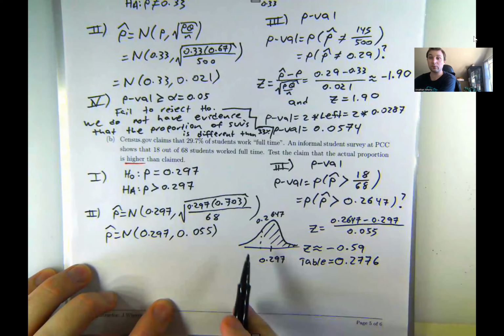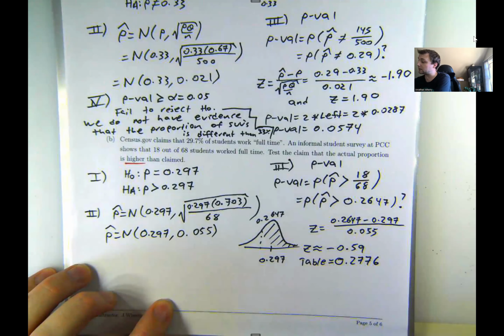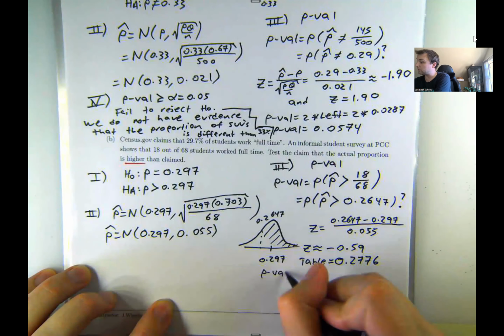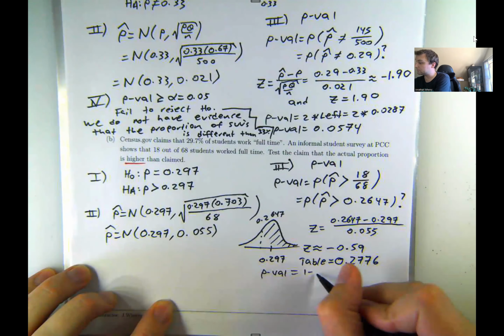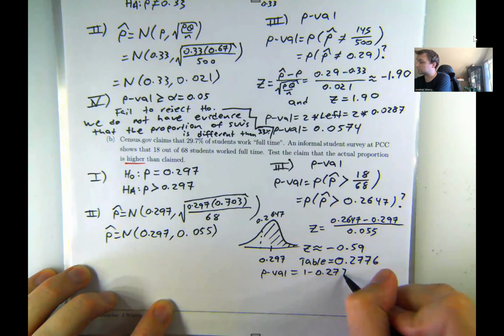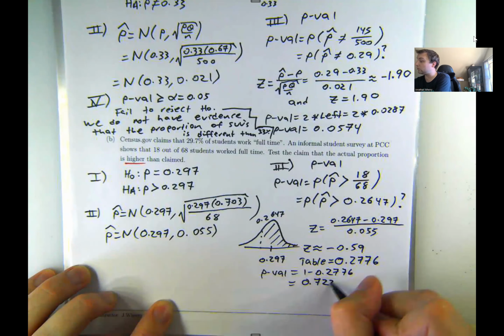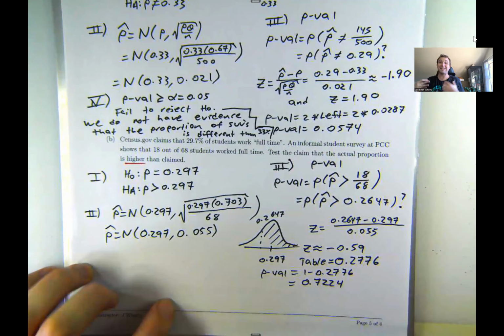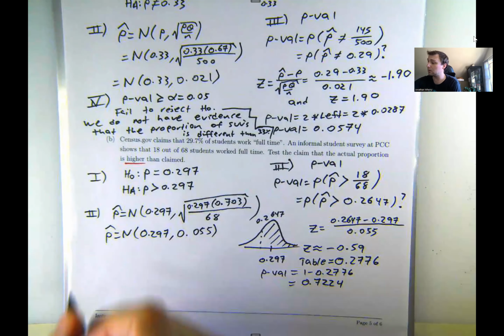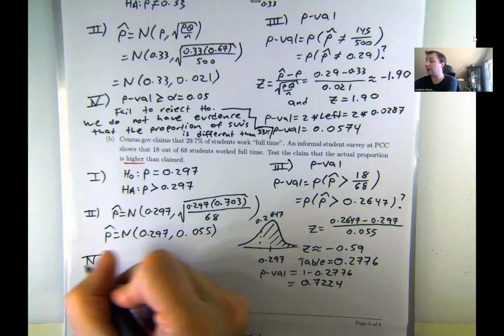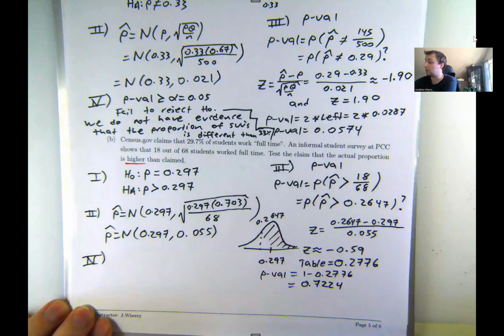Since this is shaded to the right, I would want 1 minus this. So my p-value is going to give me 0.7224 or so.